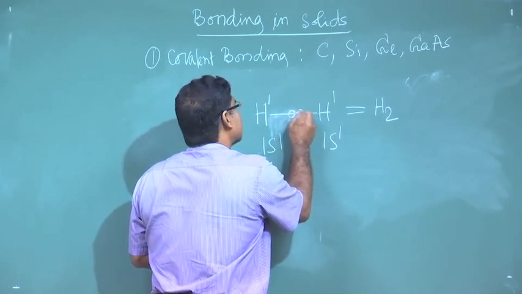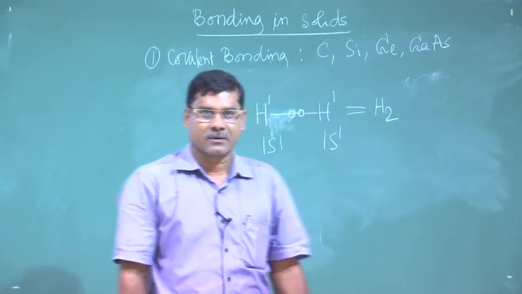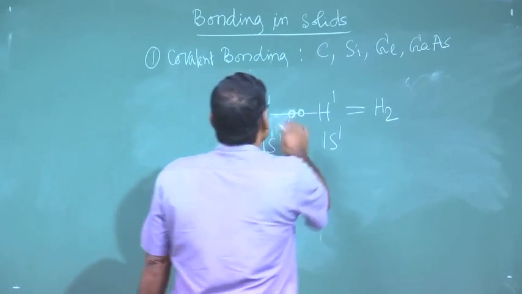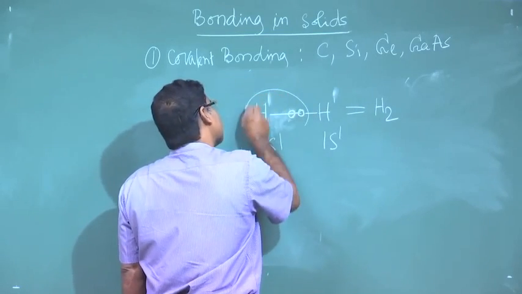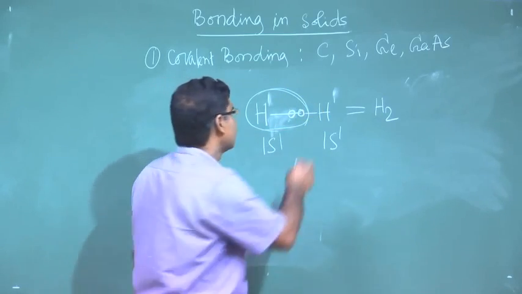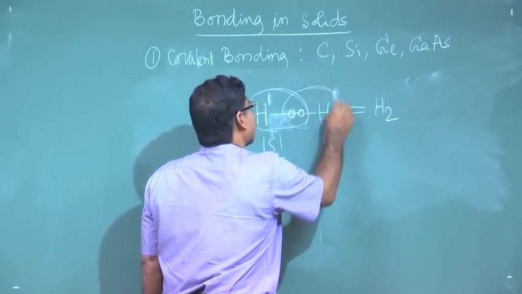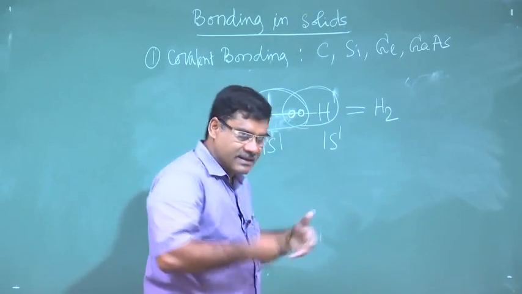So, 2 electrons are kept in the middle between these two atoms, as if this hydrogen is sharing these 2 electrons and this one is also sharing these 2 electrons.